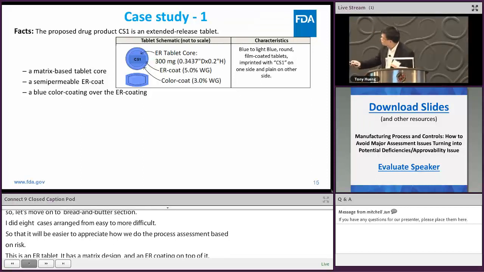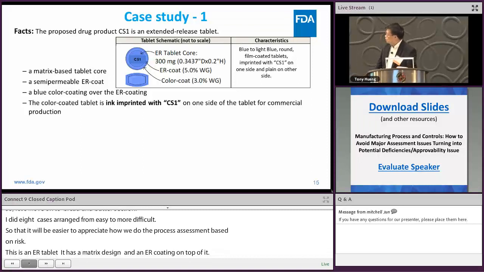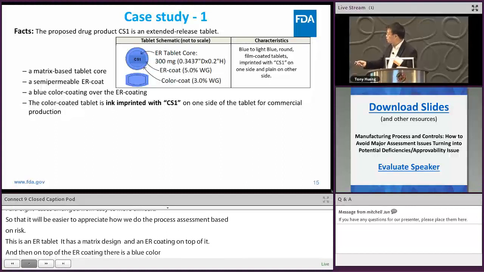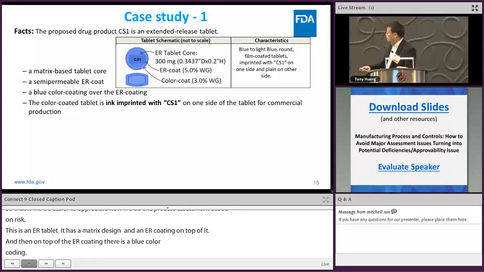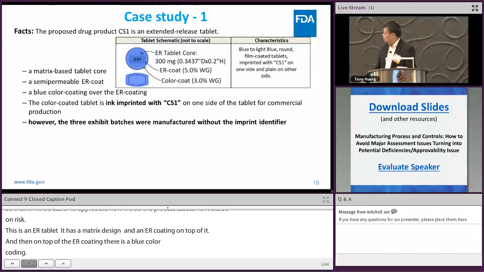See that, the CS1. Over the color coating, there will be an ink imprinted on one side of the tablet for commercial production. However, the 3 exhibit batches were manufactured without the imprint identifier.